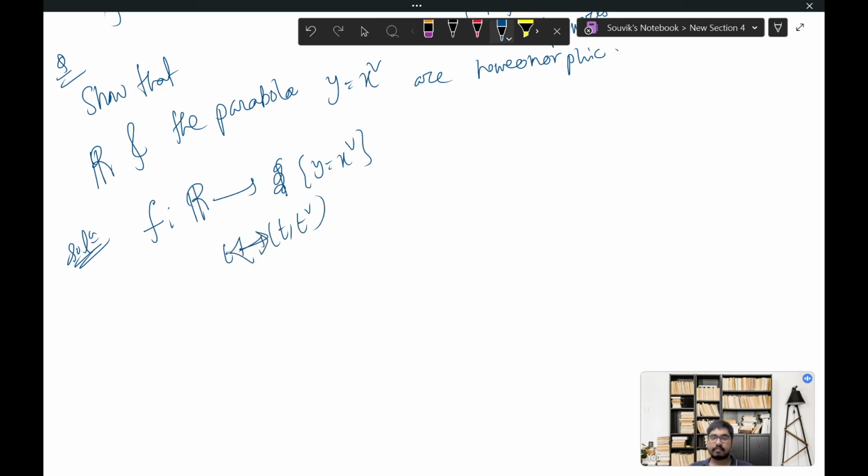This is the assignment, and this map is a homeomorphism.